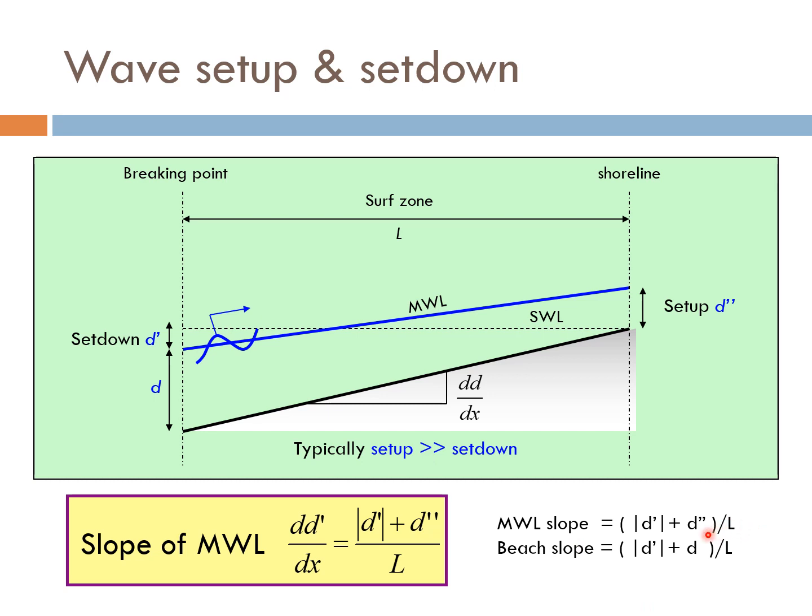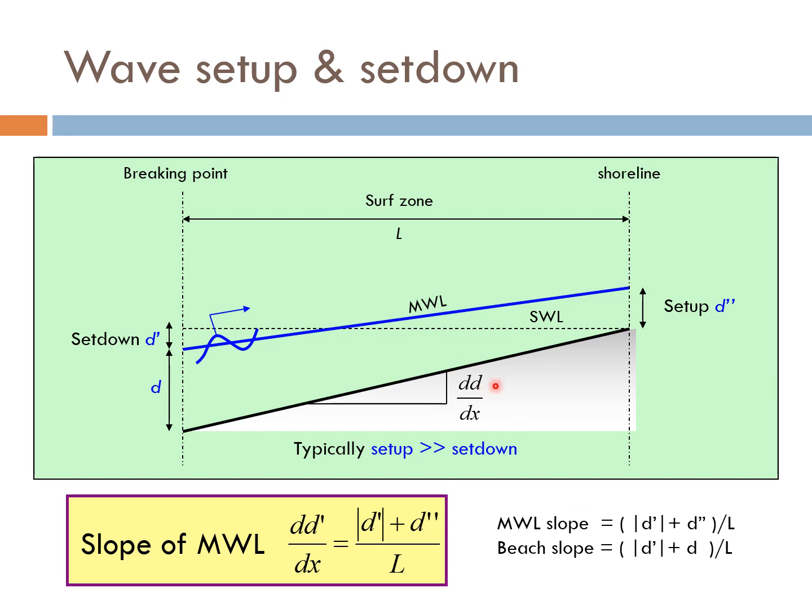Of course, because d prime is a negative value, we only take the magnitude in order to get the vertical of this triangle for the mean water line, and the horizontal is L. So that is the slope of the mean water line.